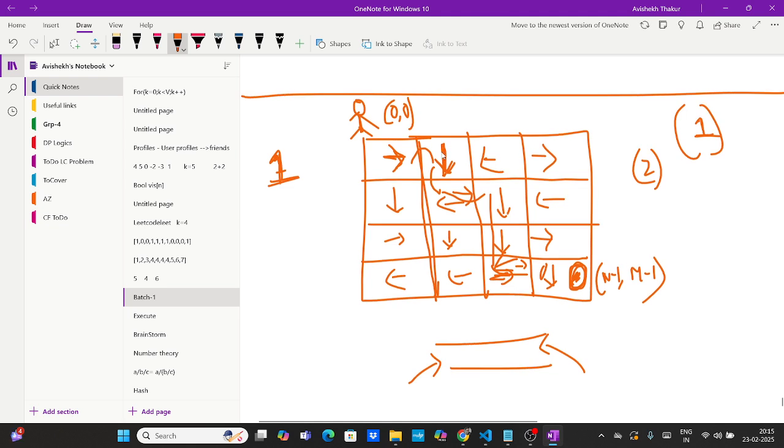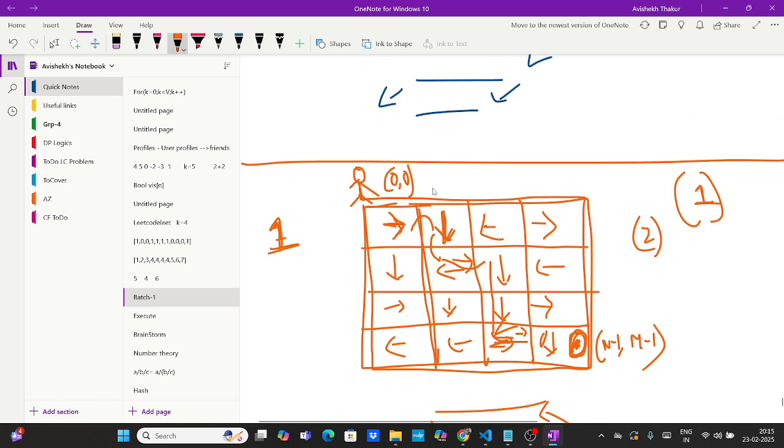Okay. So can you guys code it up? Think for a minute. What will the input look like in the question?